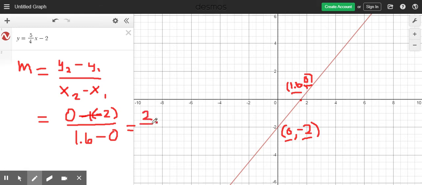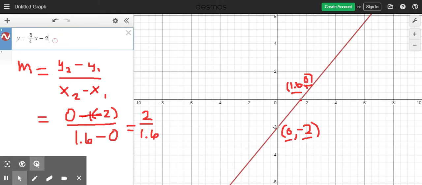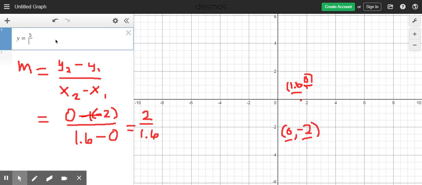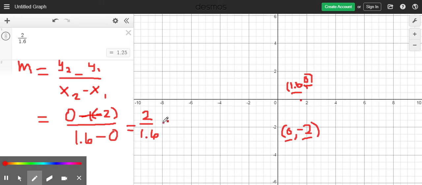So we have 2, and then 1.6 minus 0 is 1.6. And then dividing that out on the calculator, you have 2 over 1.6 is 1.25, which is the exact same as 5/4 that we saw before.